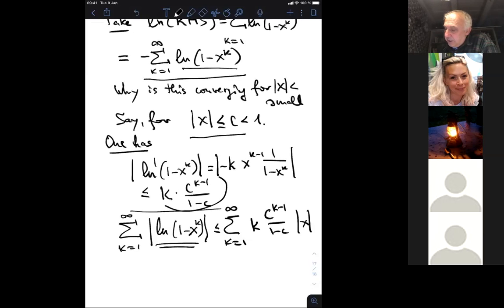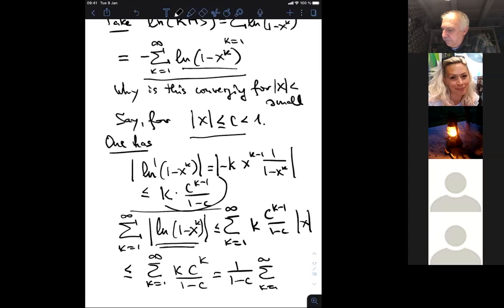So we'll be getting smaller or equal than sum k from 1 to infinity, k c power k divided by 1 minus c. Yeah, no, sorry, 1 minus c comes out as a factor.